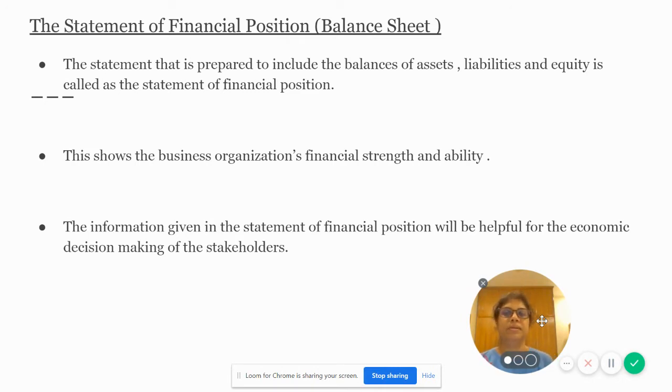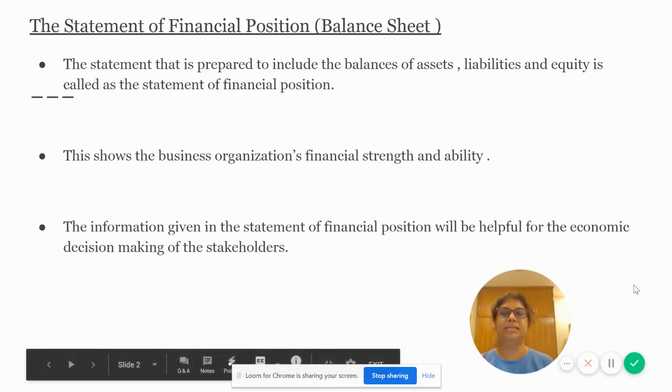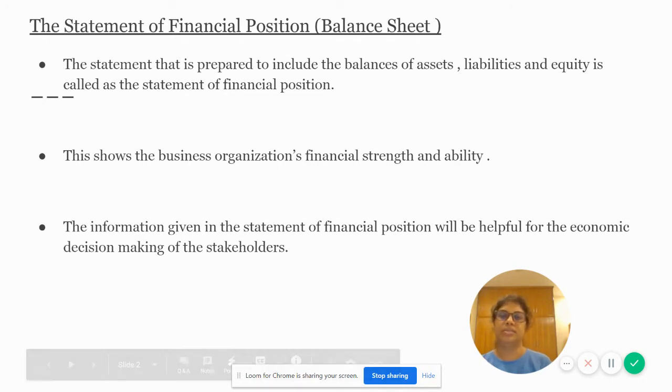The statement that is prepared to include the balances of assets, liabilities, and equity is called the statement of financial position. Basically, the statement of financial position shows the business organization's financial strength and ability.